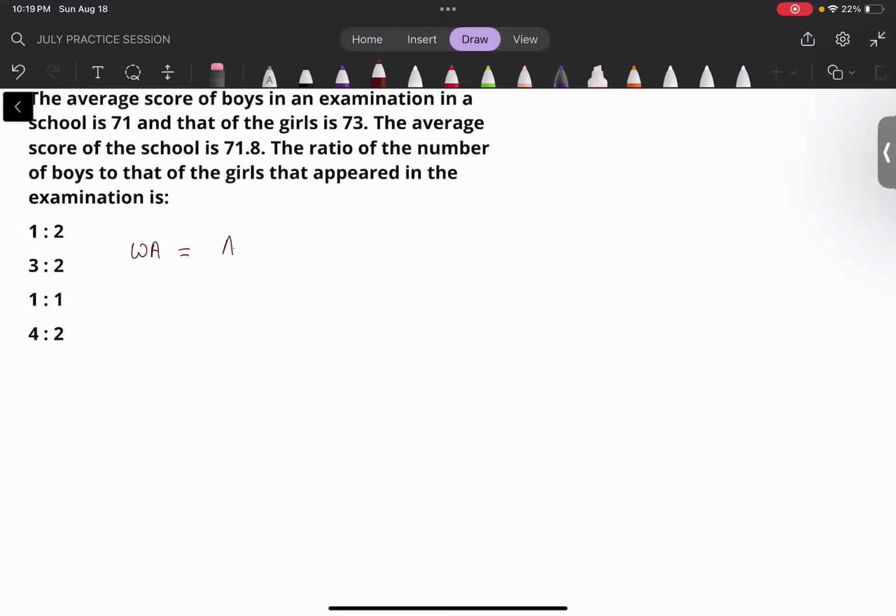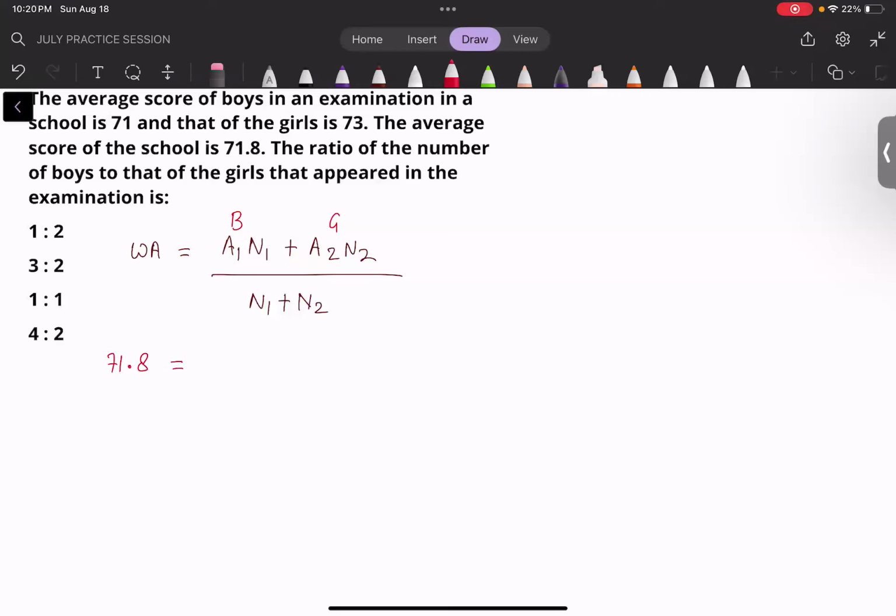Weighted average: A1 N1 plus A2 N2 divided by N1 plus N2. This part, let's say it is for boys, this part it is for girls. So weighted average, that means overall average is 71.8.